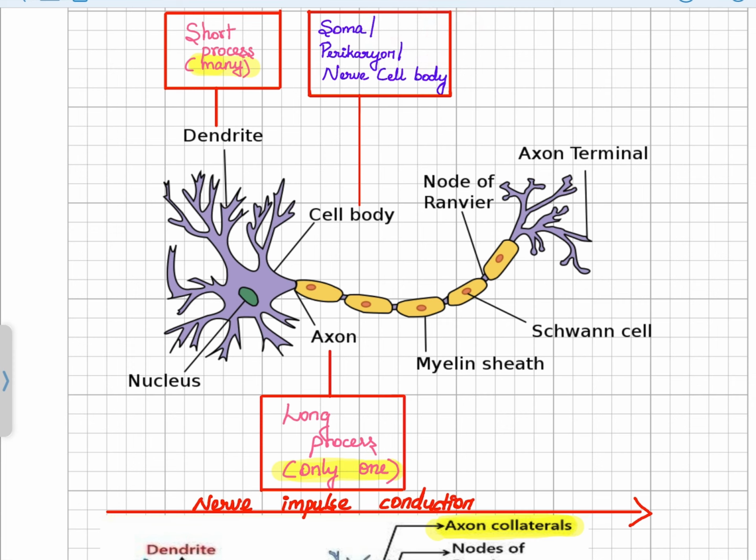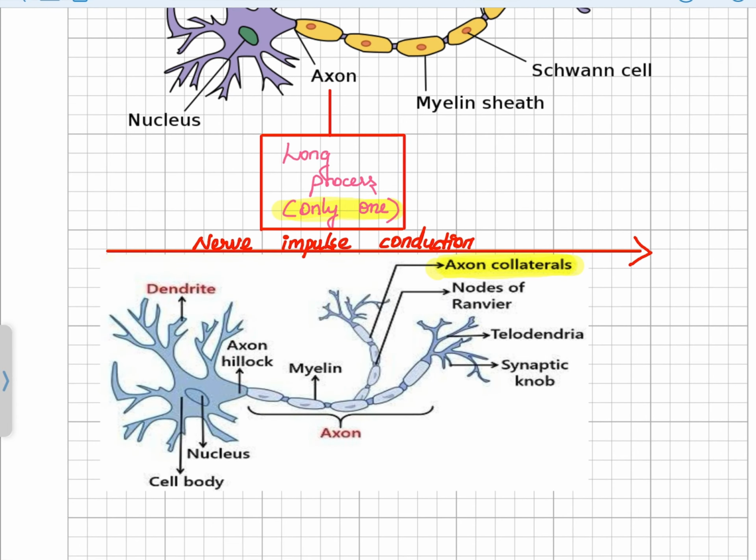This nerve cell body gives rise to many short processes and one long process. The many short processes are called dendrites. The one long process is called the axon. There will be only one axon and many dendrites. But a question may arise: will there be only one axon in every neuron?